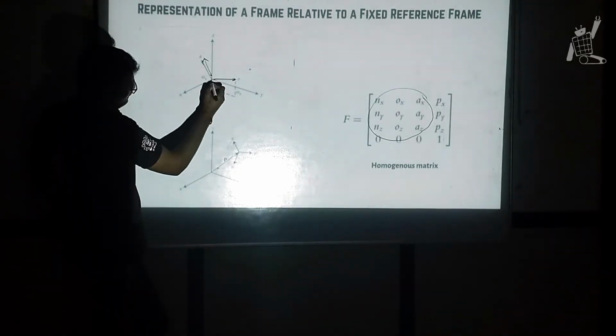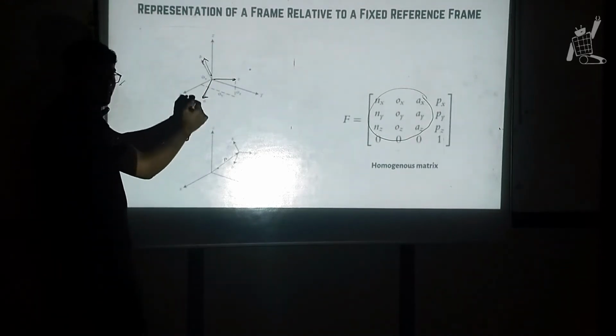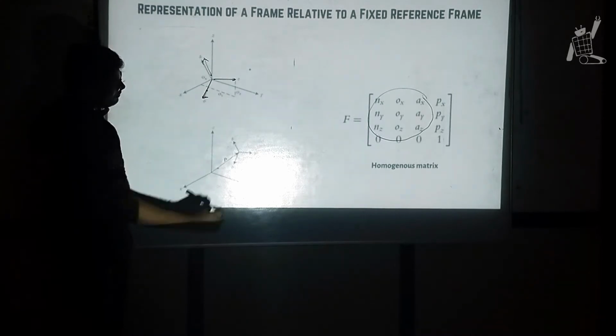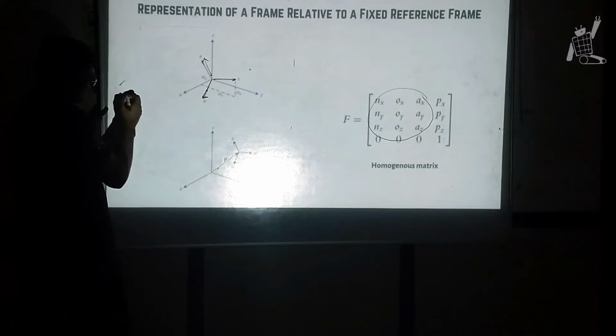Let's assume that this is a new orientation of the NOA frame with respect to the XY frame. So I am considering some point on the n-axis, and I can get cos alpha, cos beta, and cos gamma, right?